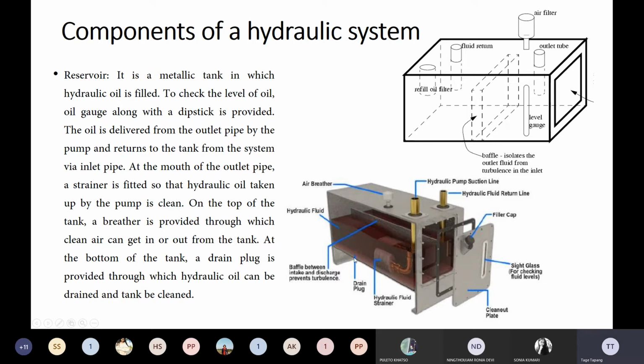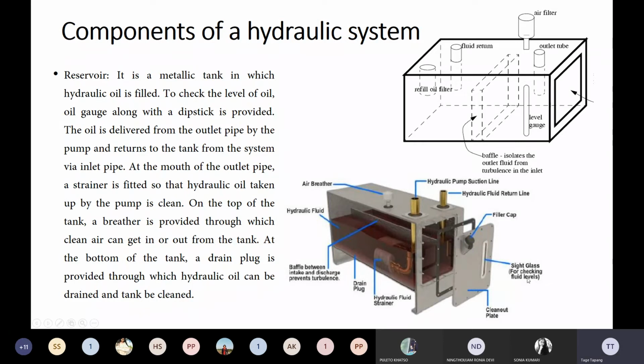Drain plug means to drain out. Suppose you want to clean the tank, so you have to remove all the hydraulic oil. If the hydraulic oil has become old, we have to replace it, so we have to drain. For that we have this drain plug. Hydraulic fluid strainer, strainer means some kind of filter, so that only clean fluid is taken from the tank to the system.